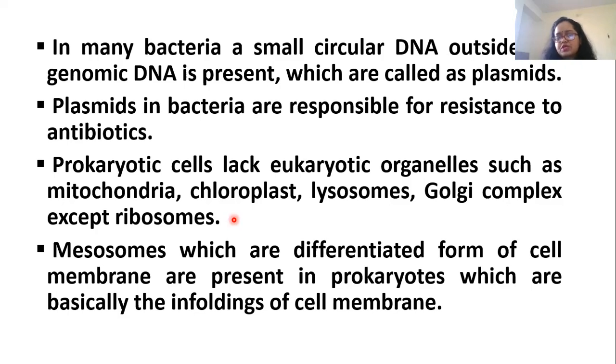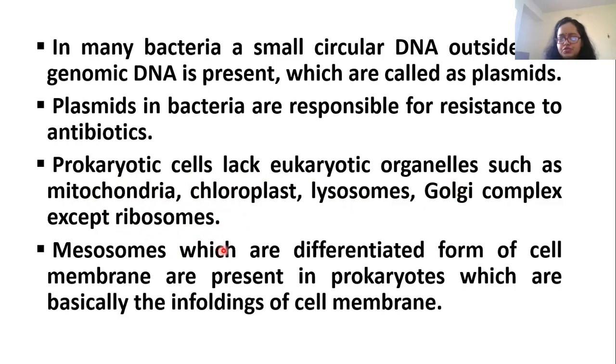But ribosomes are present, which are the protein synthesizing machinery, present in both prokaryotes as well as eukaryotes. But other organelles such as mitochondria, chloroplasts, lysosomes, and Golgi complex are absent in prokaryotic cells.